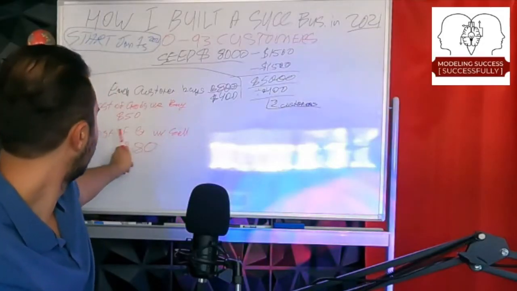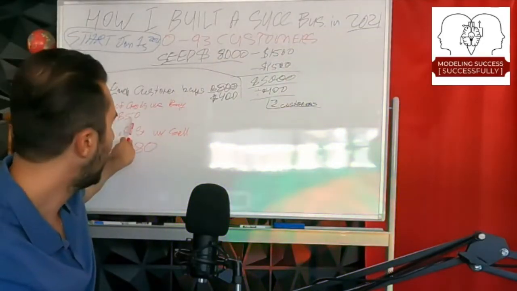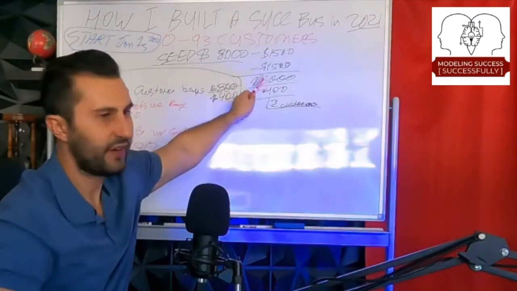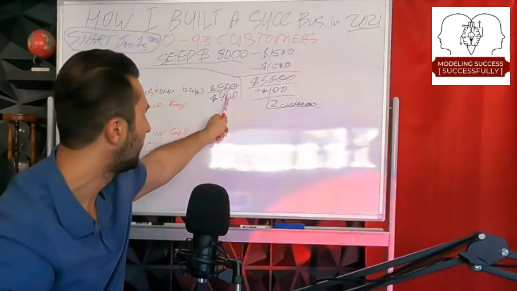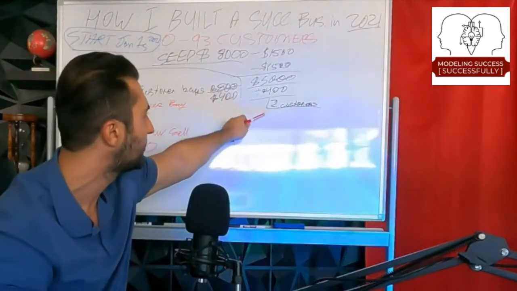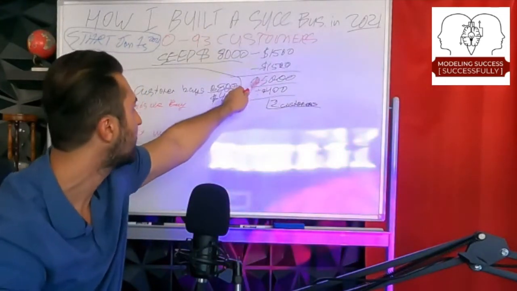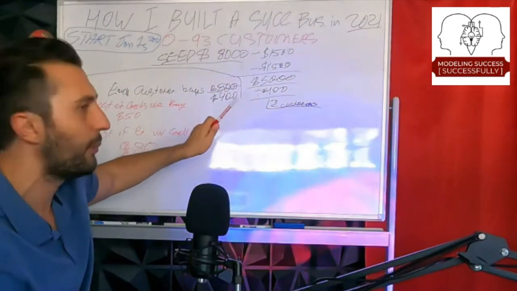Now, what we need to figure out is how many $50 items we can buy with the $5,000 investment, because we already figured out how much per store needs to buy and how many stores we need. But what we need to figure out is how many items we can get with that initial investment, which is 5,000.